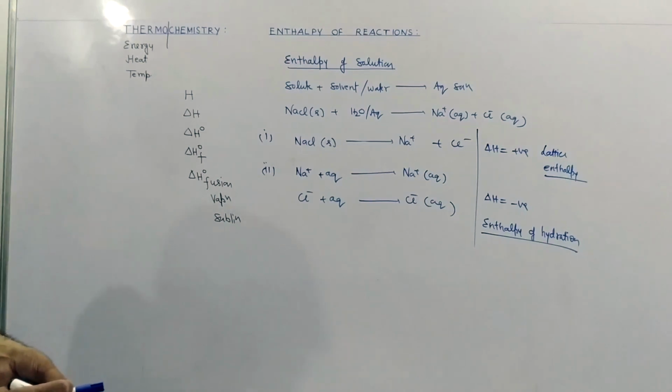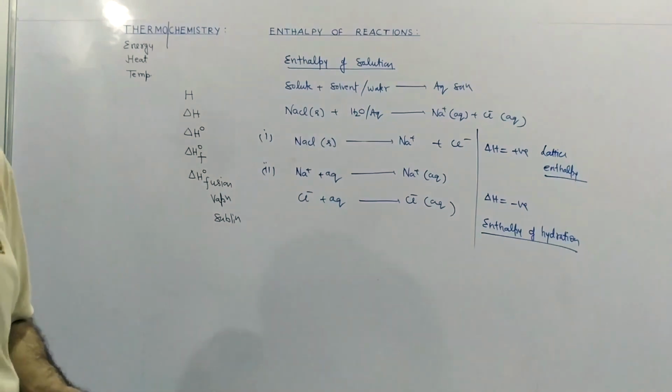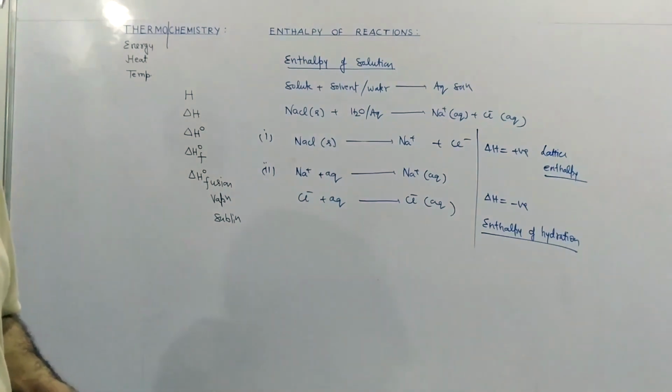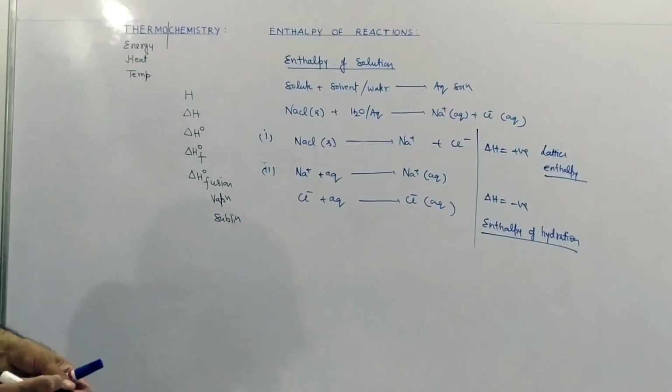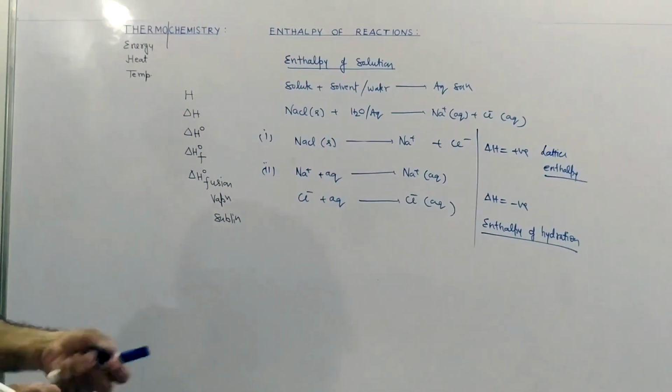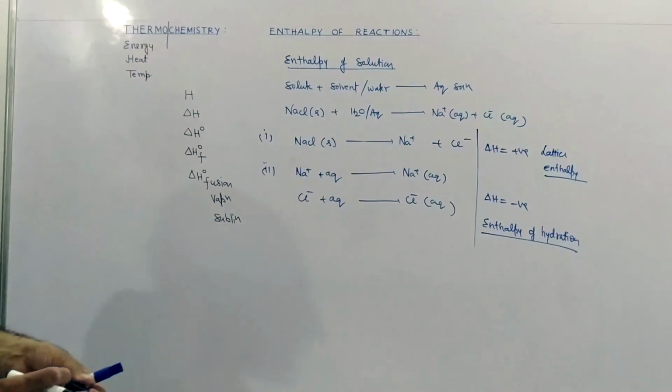And a very important thing we discussed, that whenever you want to define enthalpy of neutralization, then don't say 1 mole. You have to say that in case of neutralization, it is the energy released, it is the enthalpy change when 1 gram equivalent of acid is neutralized by 1 gram equivalent of base. And the enthalpy of neutralization of strong acid and strong base is always more than if we have a weak acid or weak base, because in case of a weak acid or weak base, some heat is utilized to dissociate the weak acid or weak base.